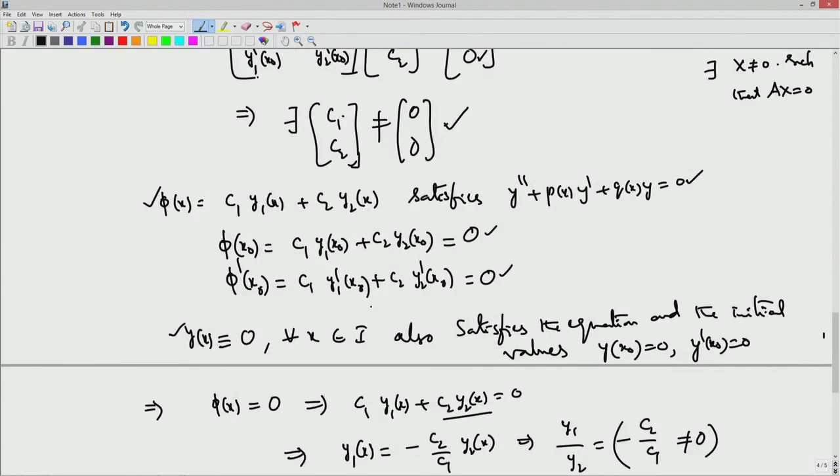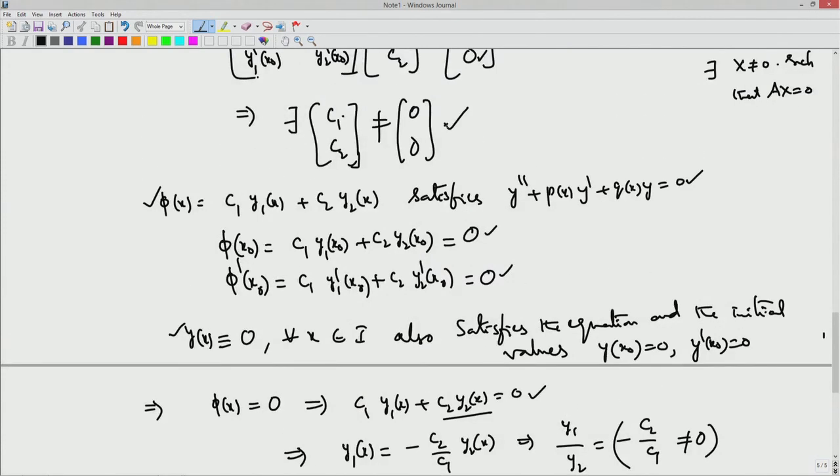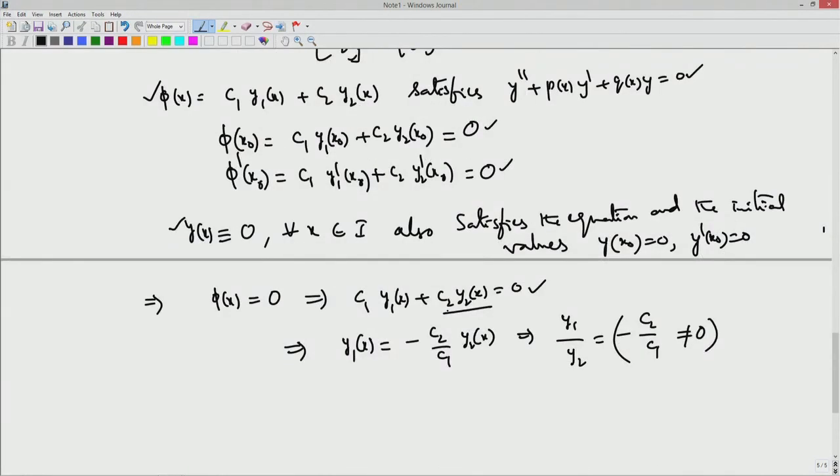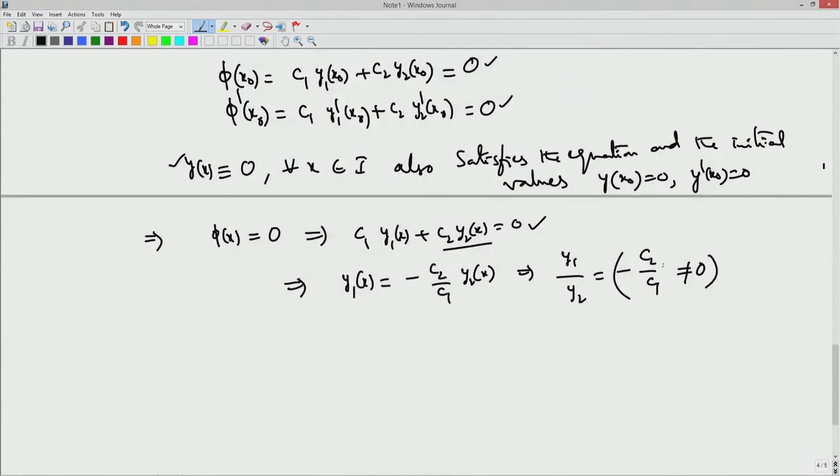So that is not possible. If C2 is 0, C1 is also 0. So both C1 and C2 should not be 0 if you want the vector C1, C2 to be non-zero. That means C1 and C2 are both non-zero, and their ratio is also non-zero.